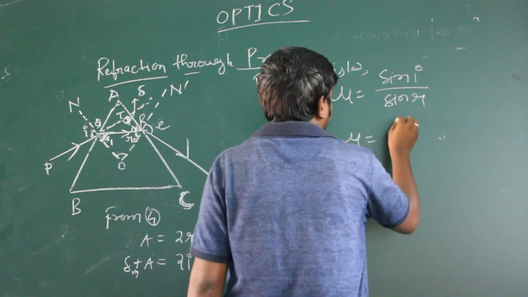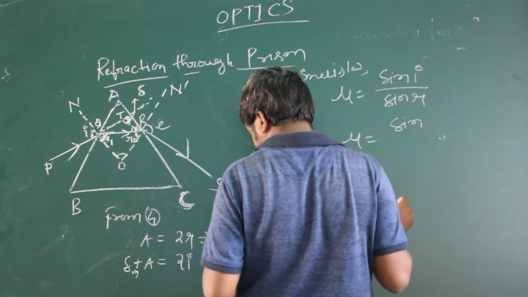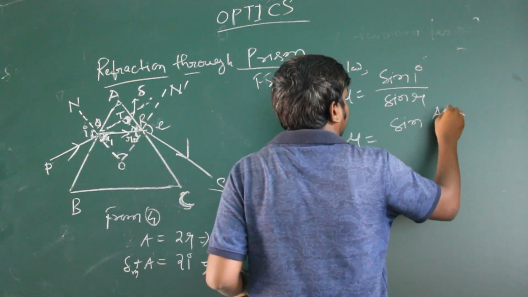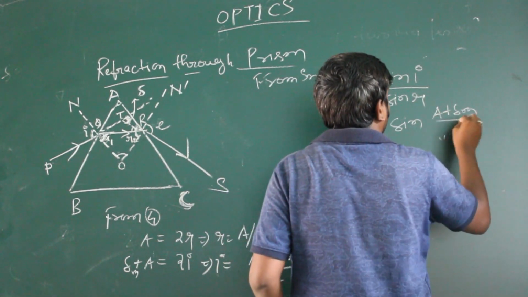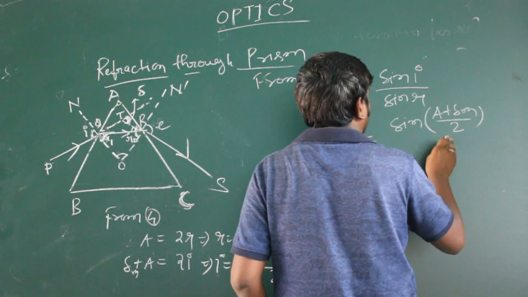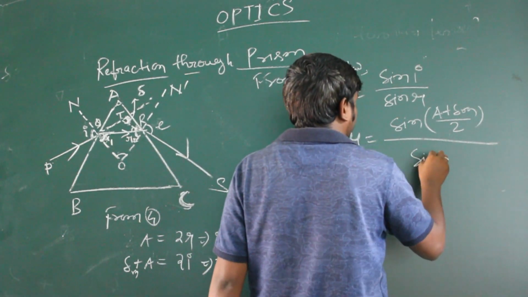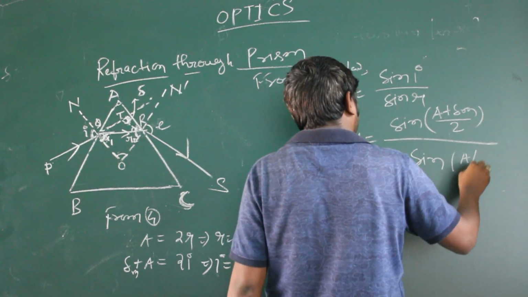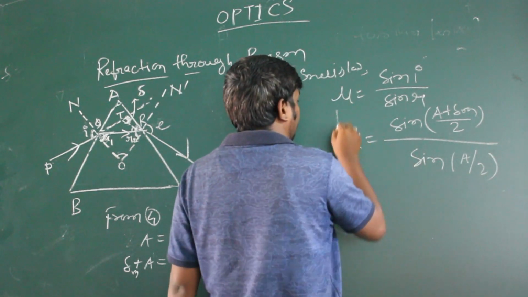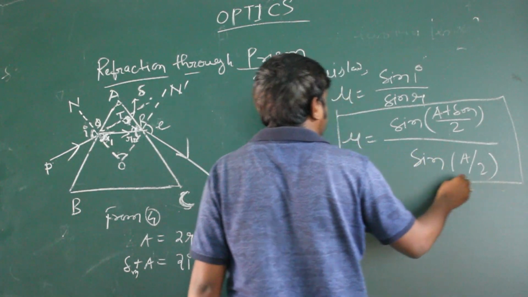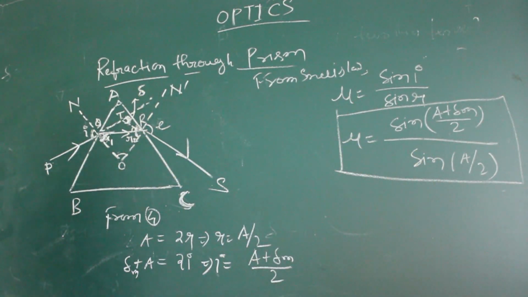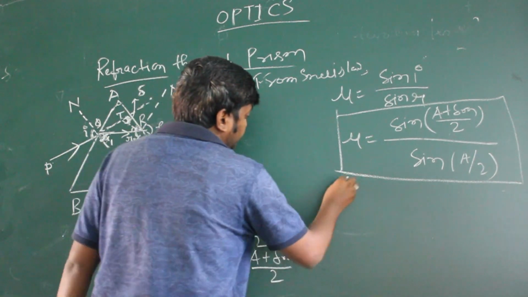What is I? I equals A plus del M by 2. And R equals A by 2, so sin R is sin A by 2. So this is the relation between refractive index, angle of prism, and angle of minimum deviation.